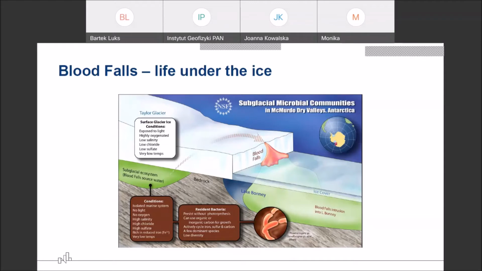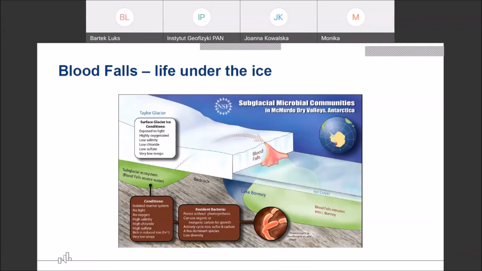Well, it was there, but it evolved into a completely new form. And those are conditions where there's no light, no oxygen, high salinity, high chloride, high sulfide, and still very low temperatures. So it's hard to get any energy.